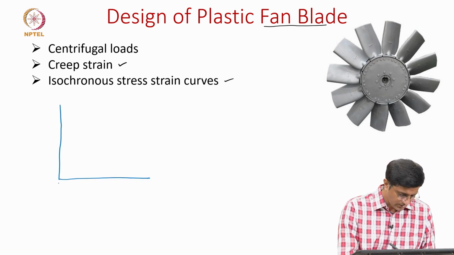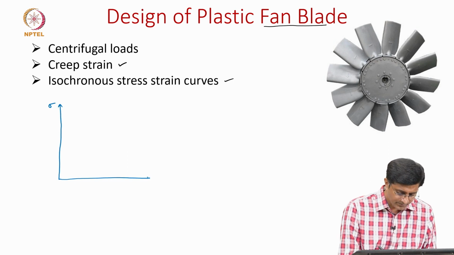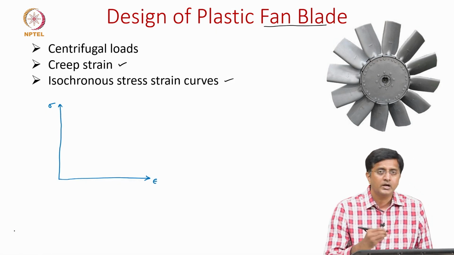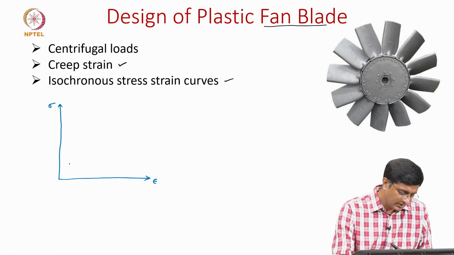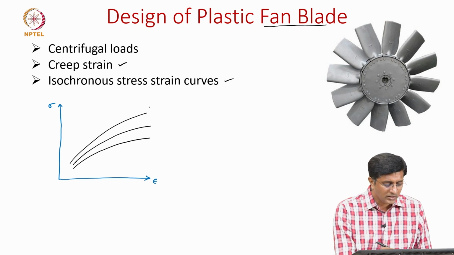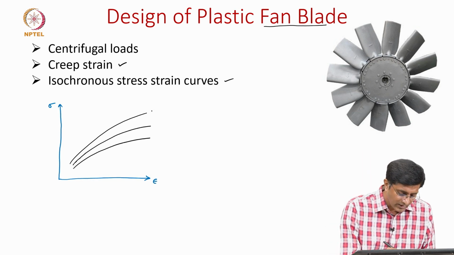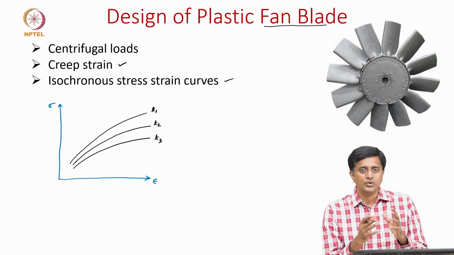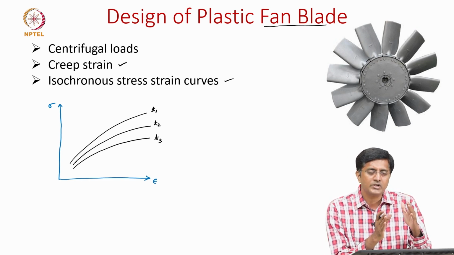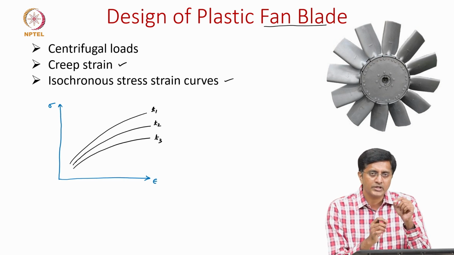So let us say we have these stress versus strain plots, and now we will look at constant times. So let us say this is how usually these curves look like. Let us say these are the curves which are for a standard time, let us say time t1, t2, t3. What it means is, once you do a creep test or something like that, if you wait at time t1 and see what is the response, accordingly you will have a corresponding stress and strain.